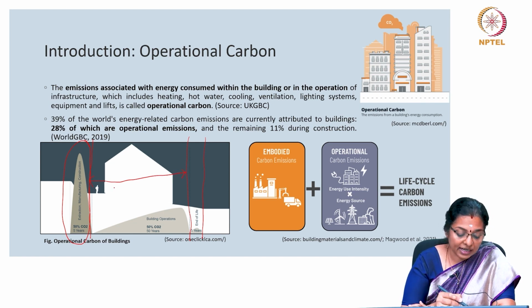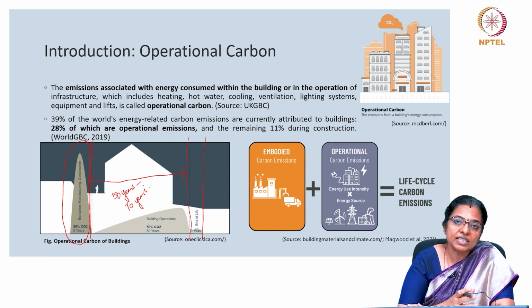So that can range anywhere between 50 years to 70 years depending upon how long the building has been used or occupied. Whereas if we assume the building is being built over a period of 5 years, then the embodied energy is calculated as only for a period of 5 years.